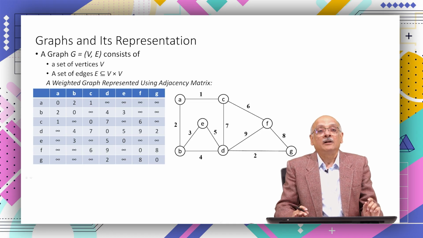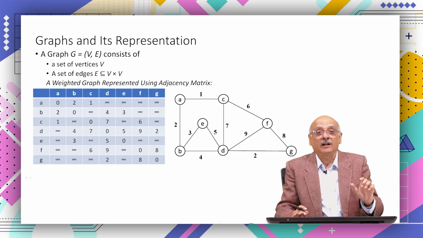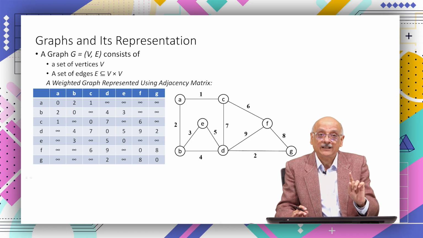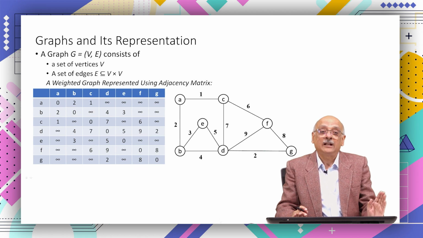Further on, what we will be using will be a weighted graph, because we are trying to find the minimum cost spanning tree, right? So we will be using a weighted graph, and that weighted graph will be represented with the help of an adjacency matrix representation. Now, what is an adjacency matrix representation?